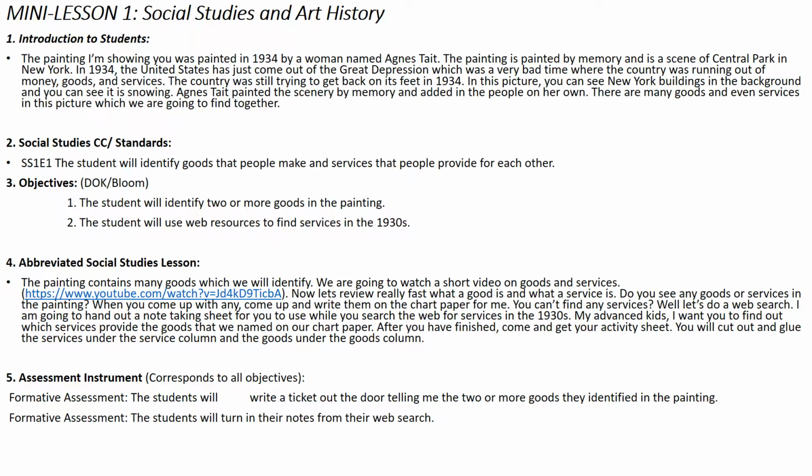Since it's relatable to a first grade standard, I decided to go with goods and services, because obviously everybody in this picture is wearing some type of good that they bought. Some service provided that good. So that's what I went with there.